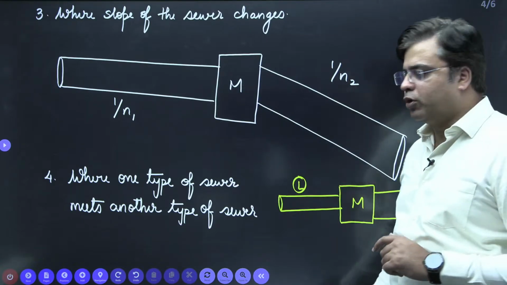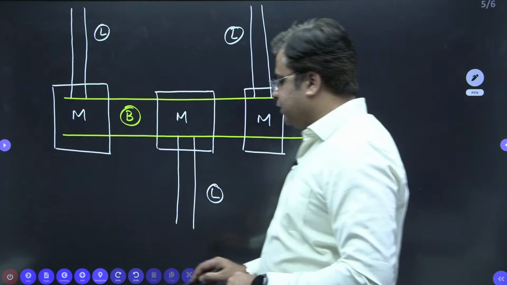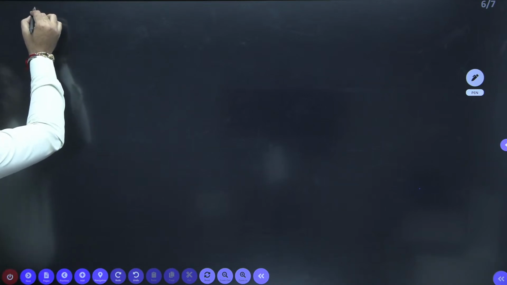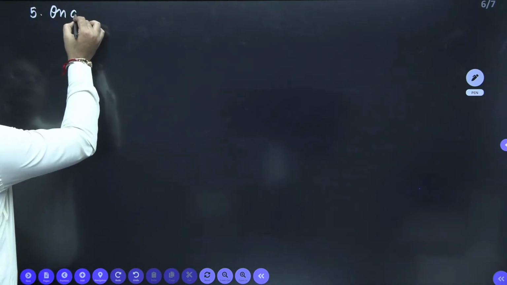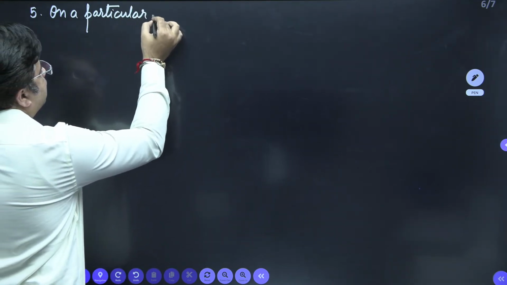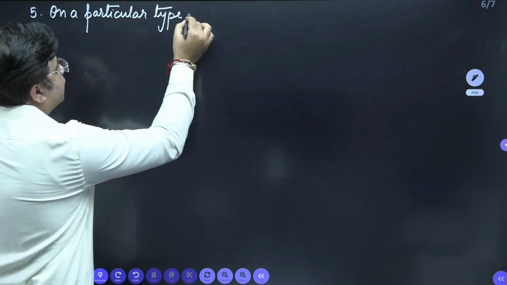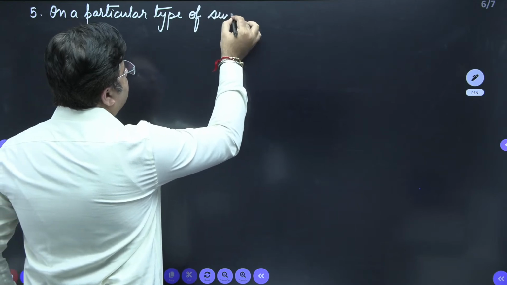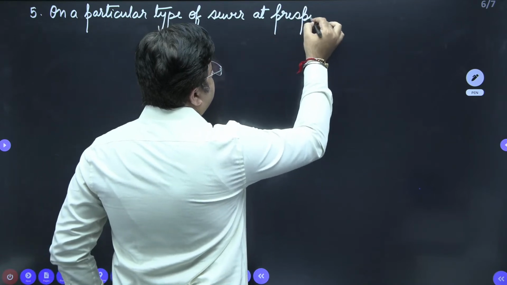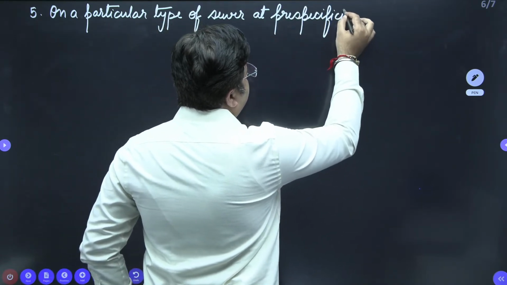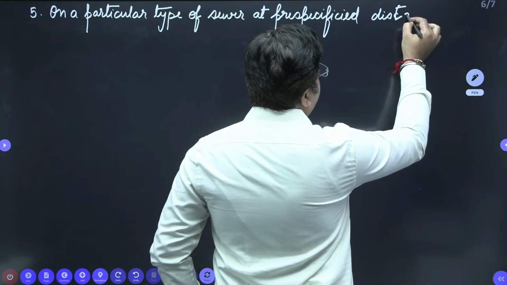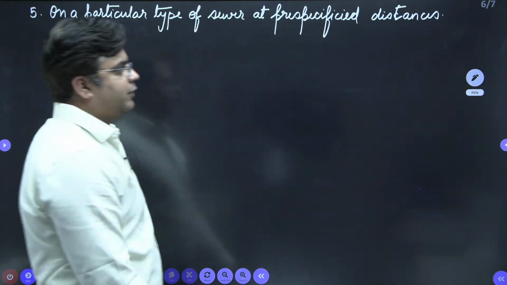The fifth and the most important location is on a particular type of sewer at some pre-specified distances. At pre-specified distances, right?